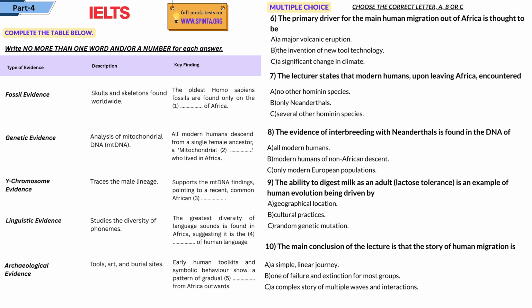Then we have the powerful genetic evidence, which truly revolutionized this field. By analyzing mitochondrial DNA, or mtDNA, which is passed down exclusively from mother to child without recombination, geneticists were able to trace all living humans back to a single common ancestor.